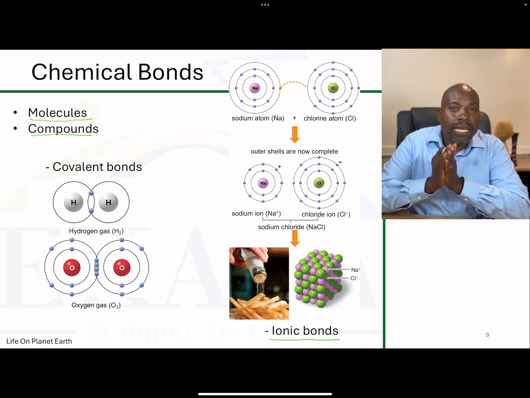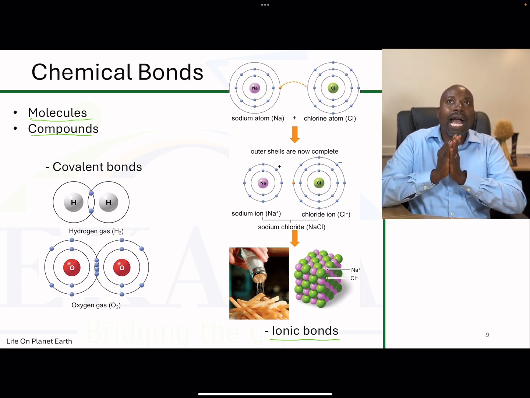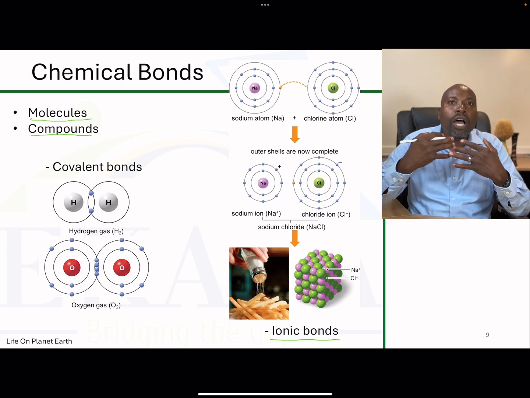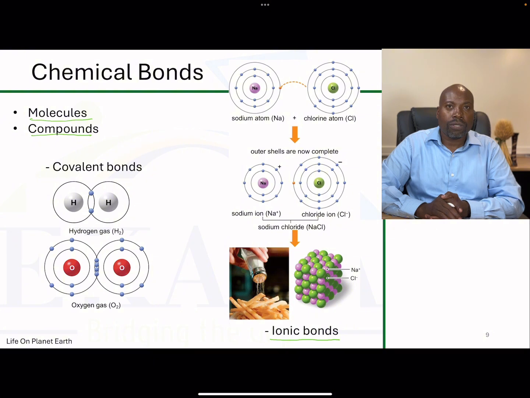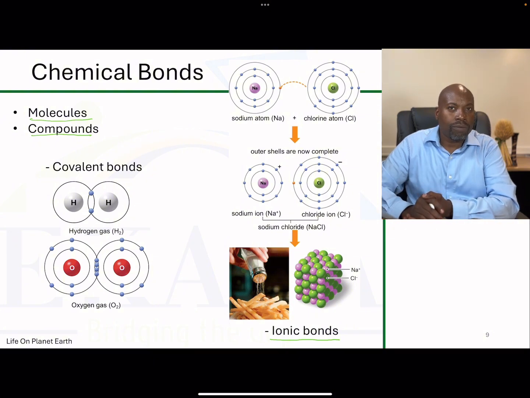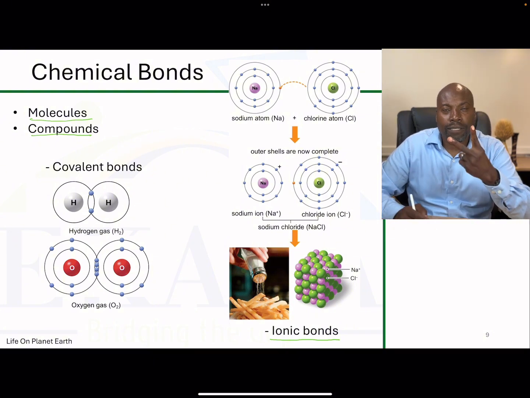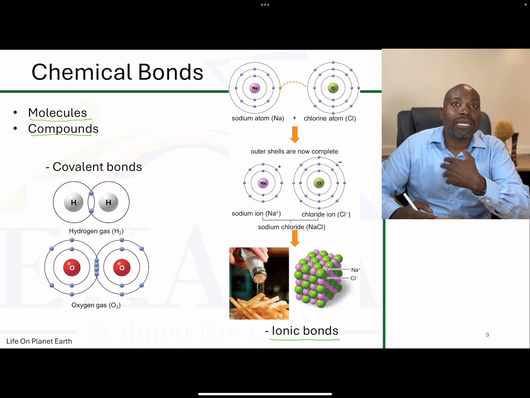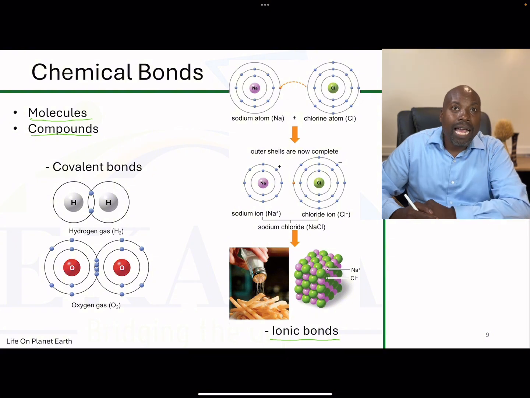An ion, it's an atom that has either gained an electron or lost an electron, right? So two possibilities. An atom can gain electrons, in which case it becomes an ion, or that atom can lose an electron, in which case it becomes an ion.